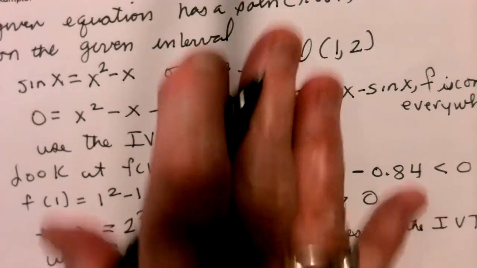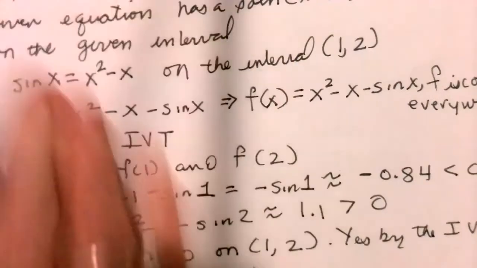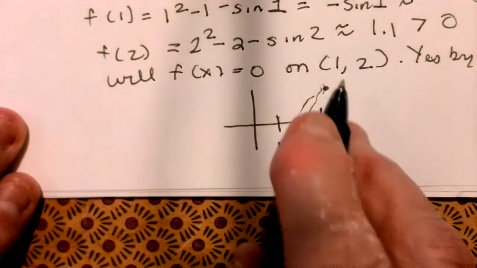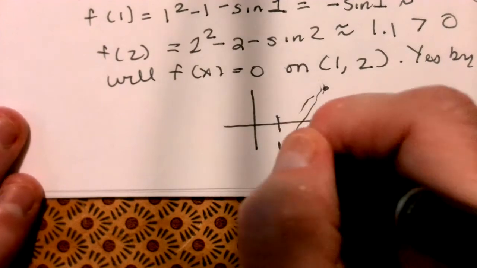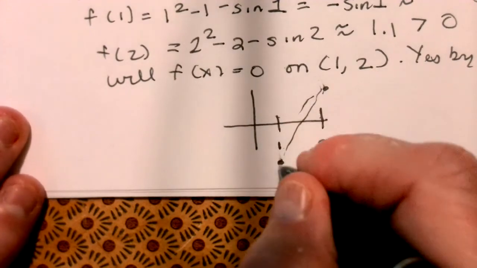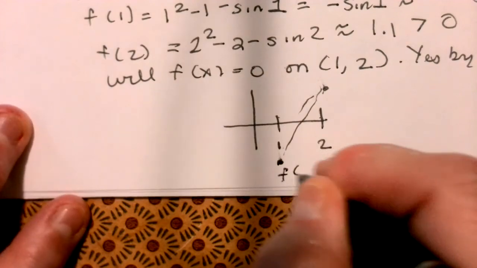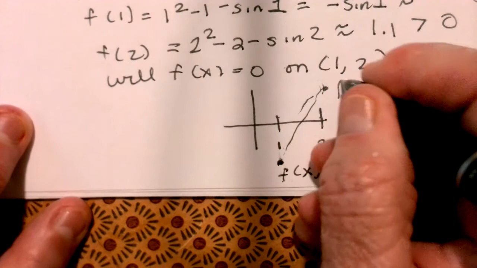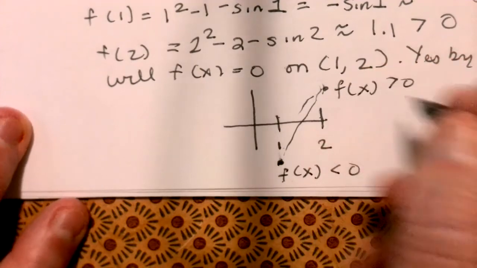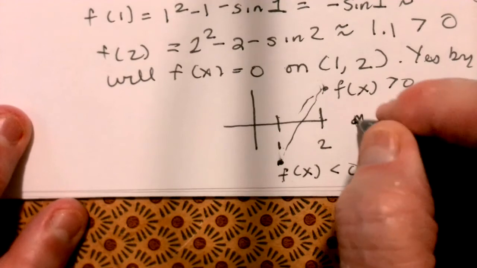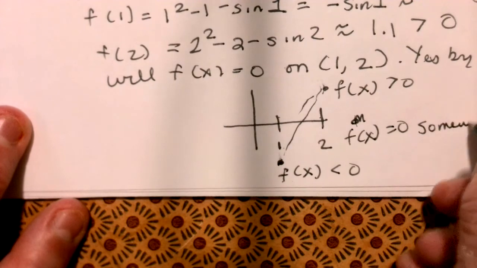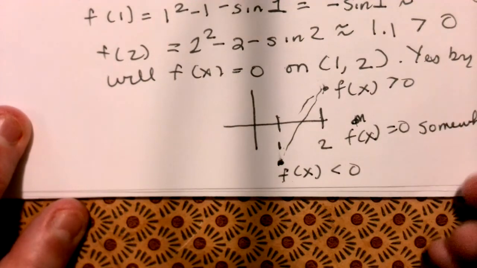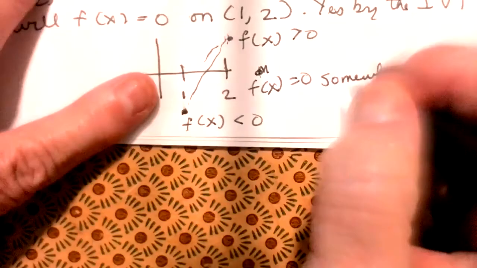But if it's a continuous function, it can't go from here to here without passing through 0. So somewhere in this interval it's going to be 0, because here f of x is negative, and here f of x is positive. So it must be 0 somewhere in between.